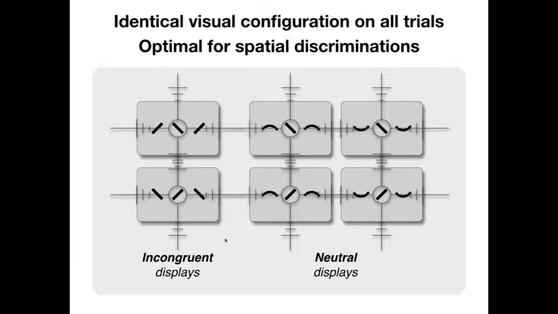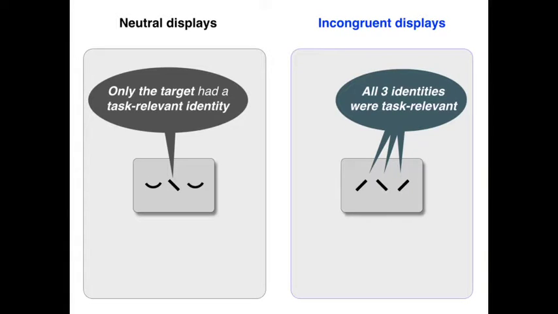Now, if distractors are discriminated according to their locations, and if spatial configurations were identical for all display types, how is it possible that neutral distractors were suppressed so much earlier than incongruent distractors? So we have a suggestion.